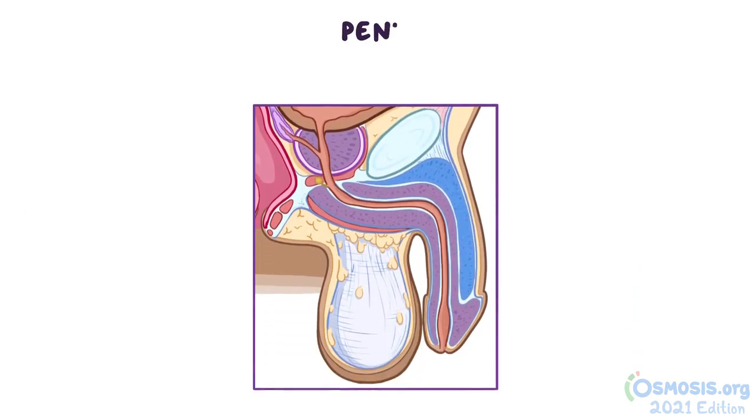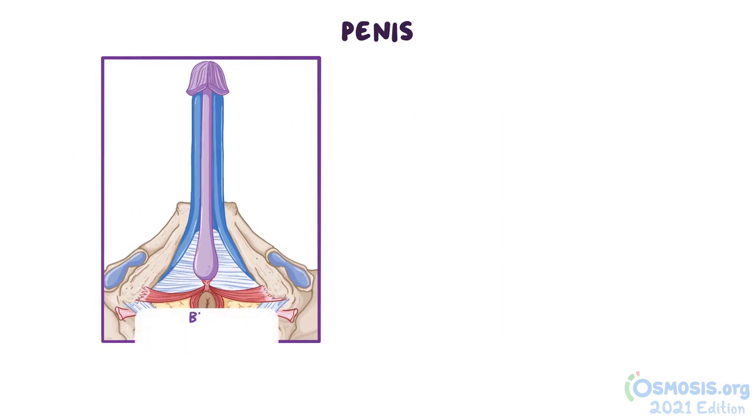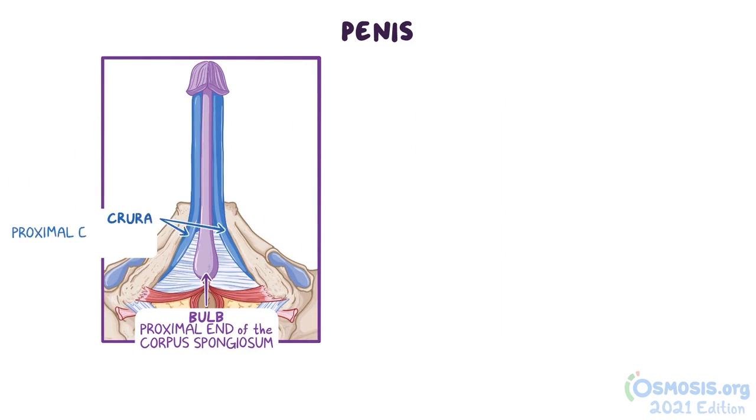Next is the penis, which has three parts called the root, the body, and the glans. The root contains three erectile structures: a single bulb, which is the proximal end of the corpus spongiosum, and the paired crura, which are the proximal ends of the corpora cavernosa.